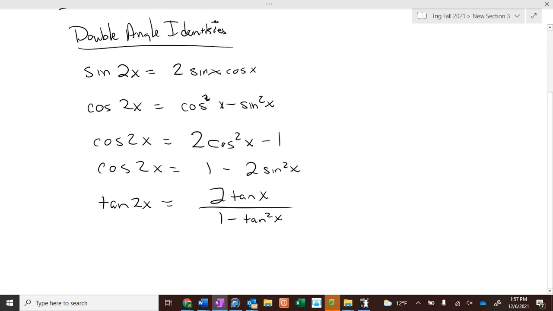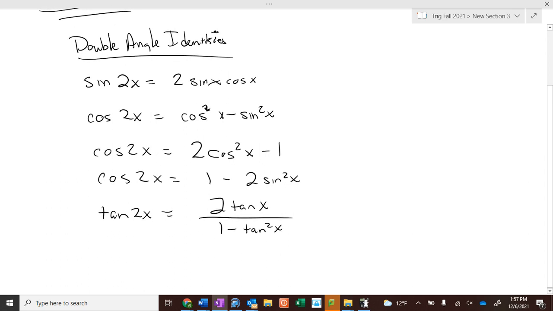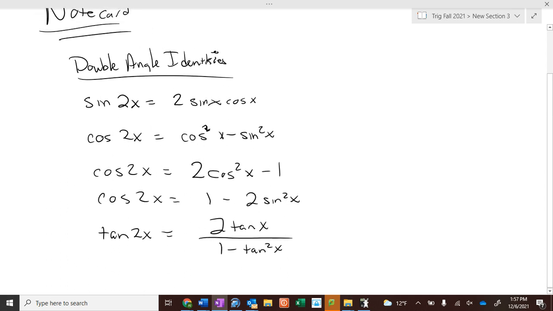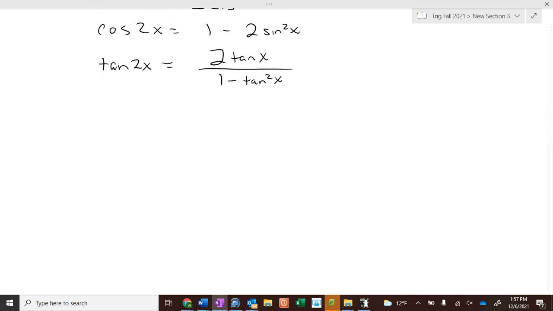Now, basically, double angle identities, I shouldn't have to teach them, but I'm supposed to teach them, so I do teach them. But they're almost worthless to teach because we know the answer before we even start. What is the cosine of 60 degrees? Everybody can look at your note card and see that it is 1/2.